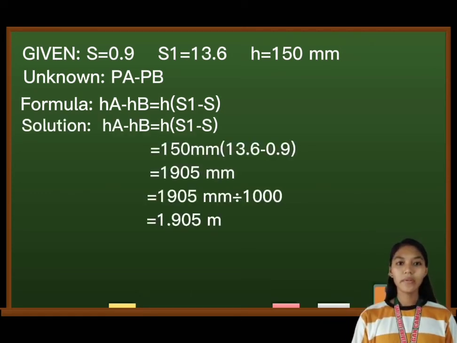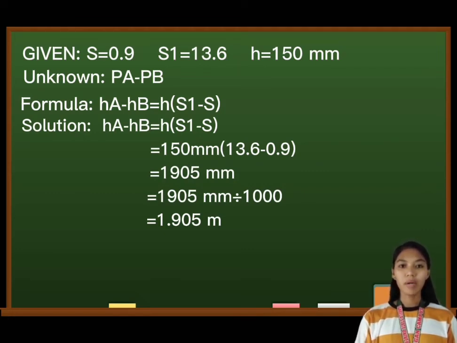Solution. Using our formula, HA minus HB is equal to H times the quantity of S1 minus S. So, ang gagawin lang natin is isa-substitute natin yung corresponding value nila, which is 150 mm times the quantity of 13.6 minus 0.9 is equal to 1,905 mm.